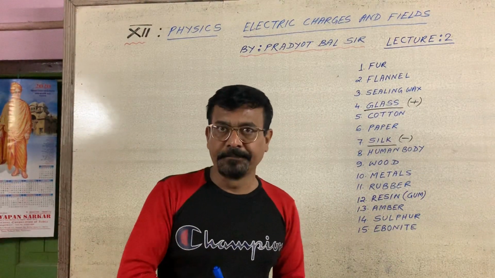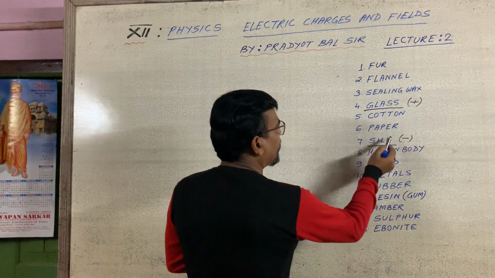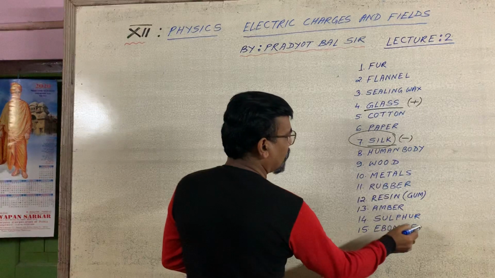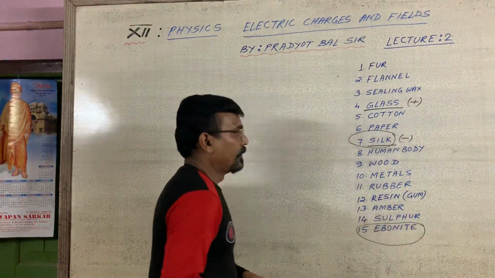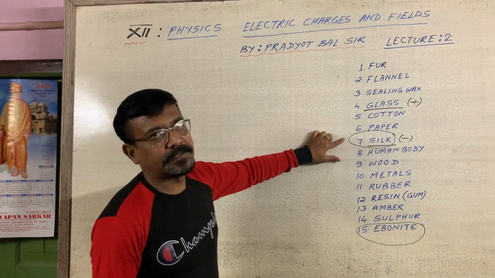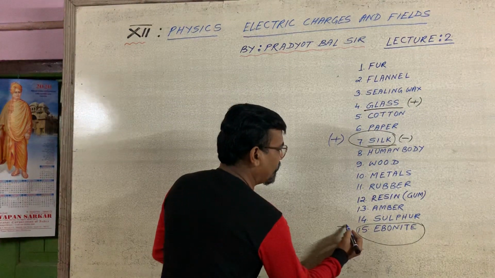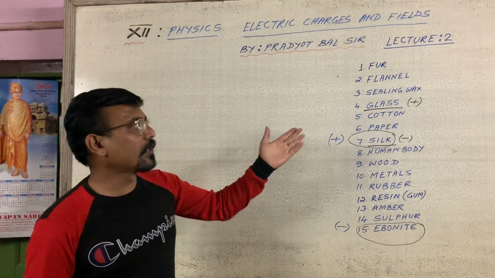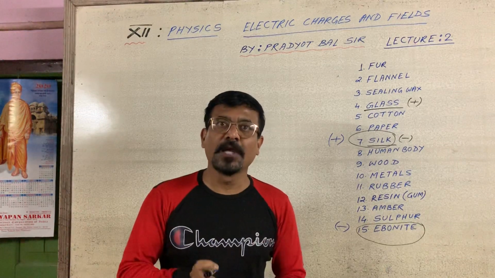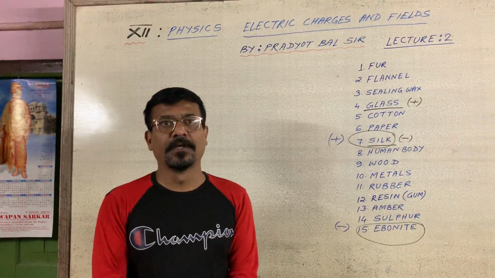One more example: if you rub silk with ebonite, silk comes first, so silk will be positively charged and ebonite negatively charged. Just follow the order and you can tell which body will be positively and which negatively charged.